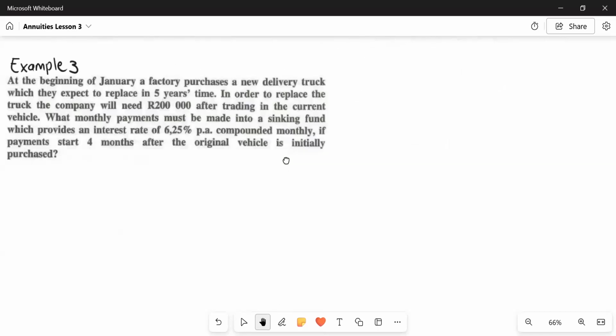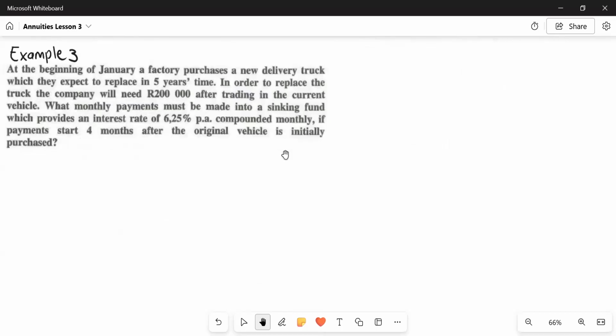Example 3: at the beginning of January, a factory purchases a new delivery truck, which they expect to replace in 5 years' time. In order to replace the truck, the company will need 200,000 after trading in the current vehicle.